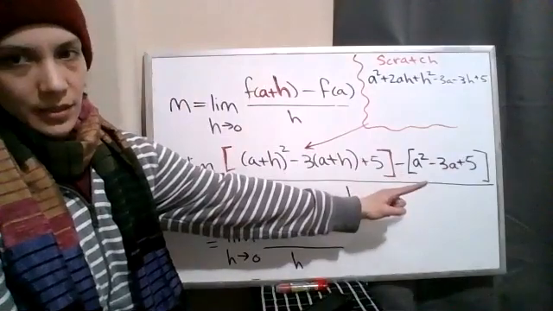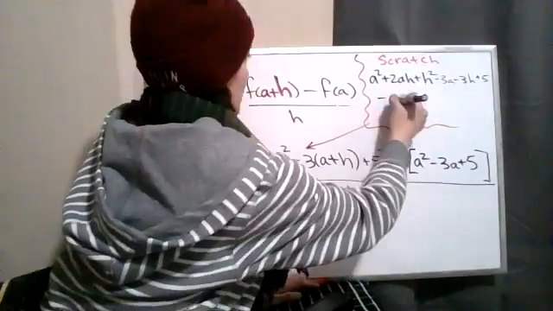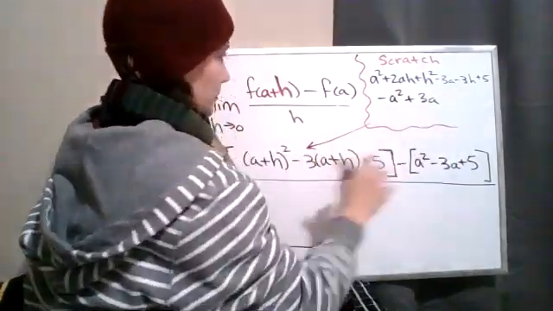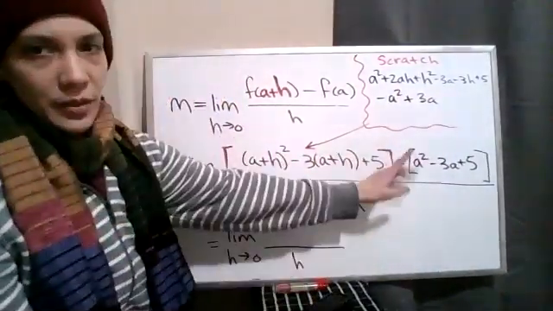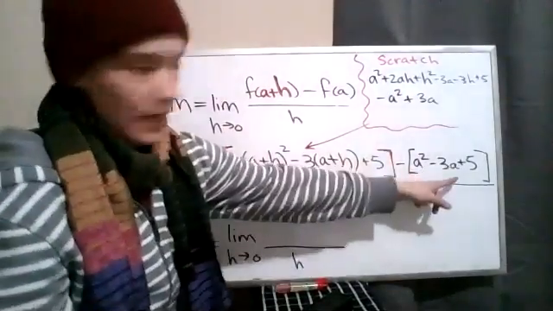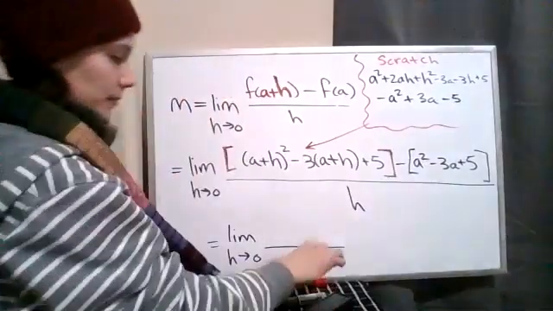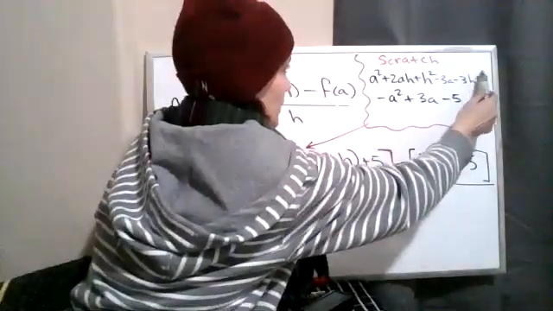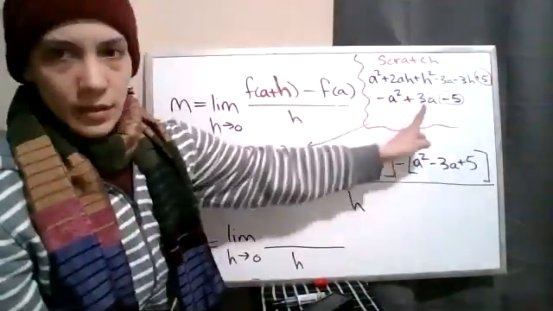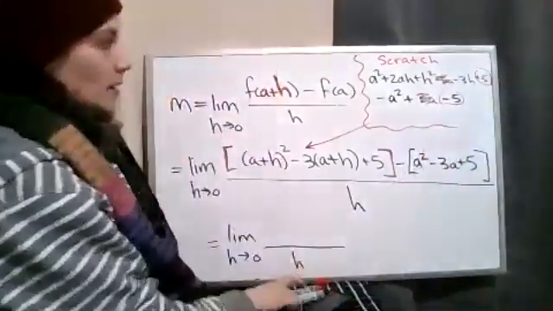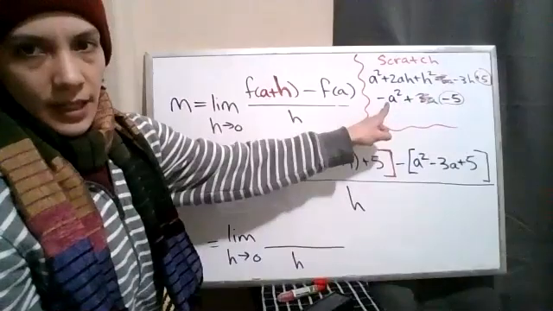Minus a squared plus 3a. So the whole numerator is what we're taking care of. Minus 5. That's going to cancel. So will those 3a and a negative 3a. Oh, a squared and a negative a squared.